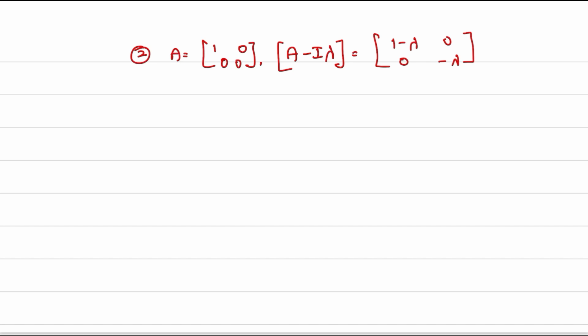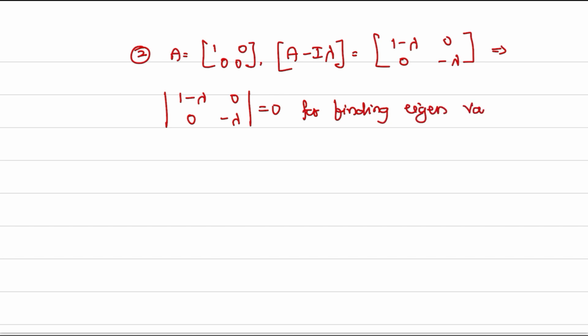That implies determinant of [1 minus lambda, 0; 0, 0 minus lambda] is equal to 0, for finding eigenvalues. Which implies (1 minus lambda) into (minus lambda) is equal to 0.